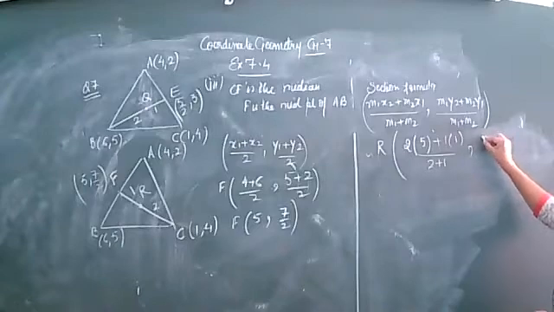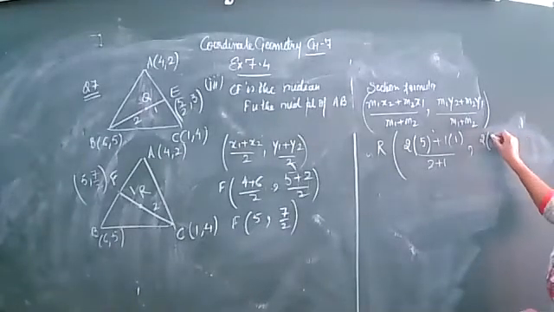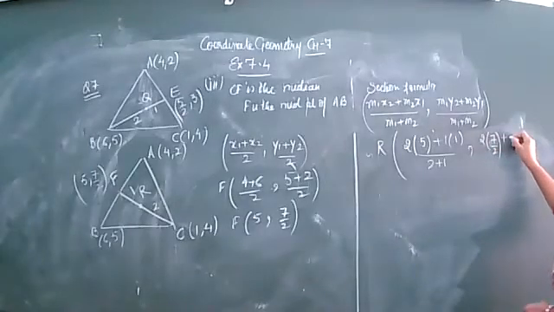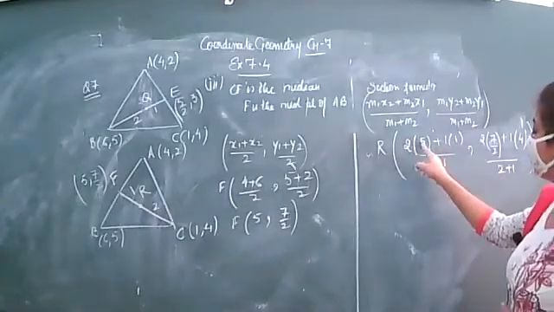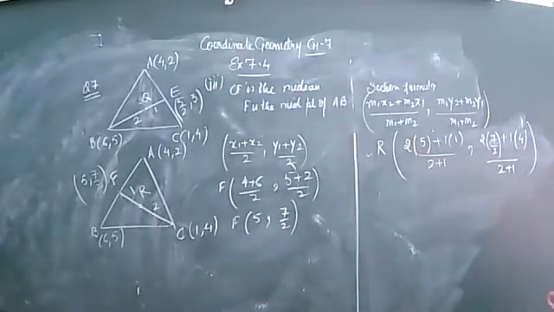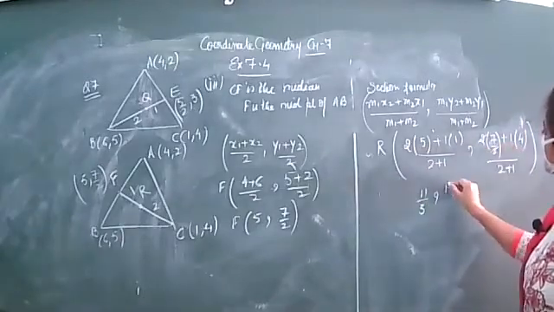Next is your 2 into 4. Sorry, (2 into 7 by 2 plus 1 into 4) upon (2 plus 1). Now this will give you 2 5s are 10 plus 1, 11 by 3. And this is again the same, this is 11 by 3.